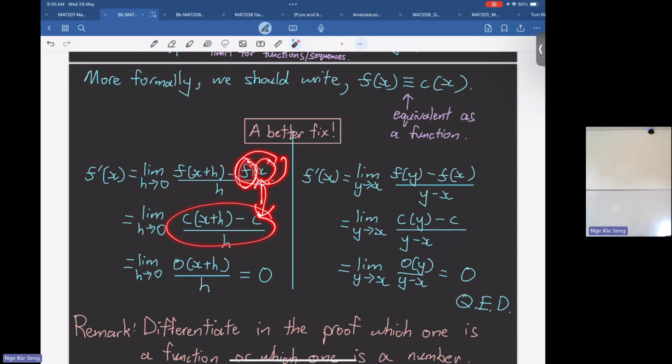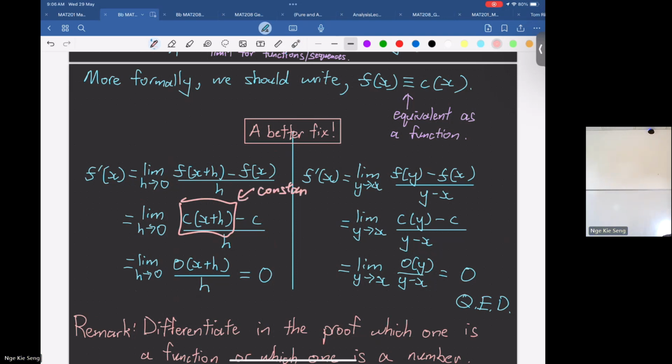Constant c. How about this part here, f(x+h)? Constant function on x plus h. So this part is a constant function, and then the second part is a real constant. Make sense?